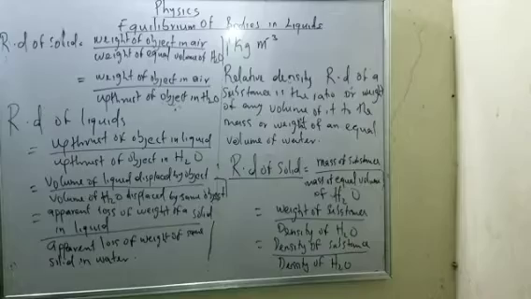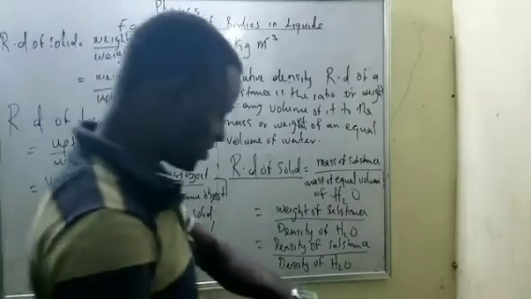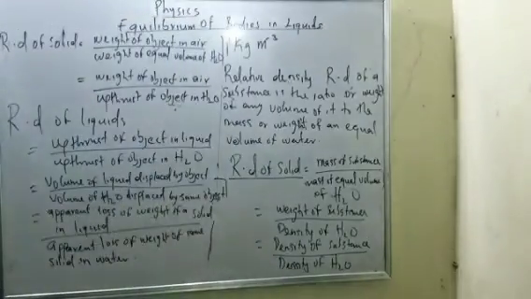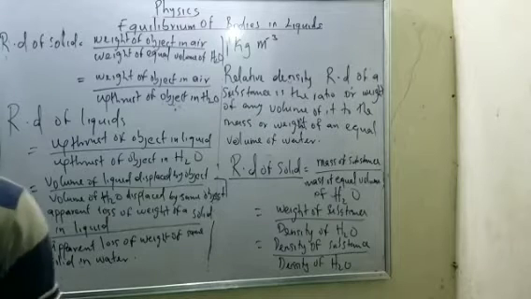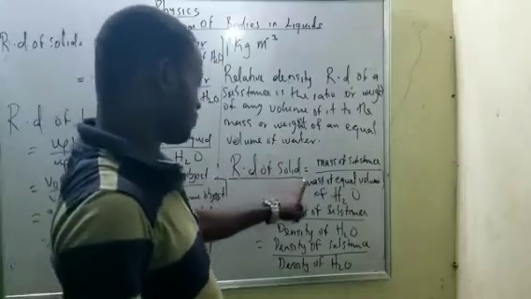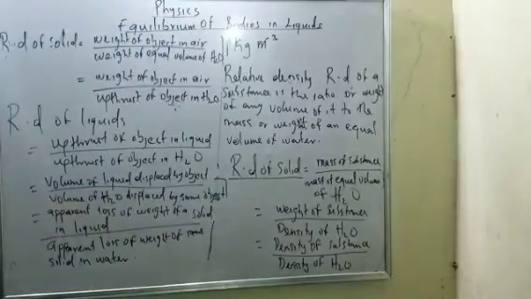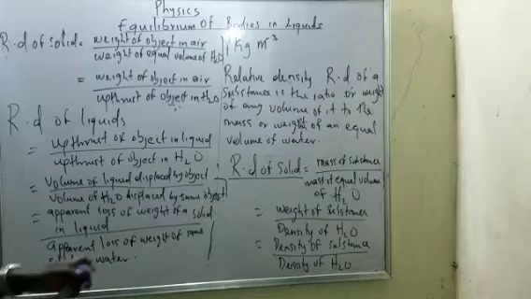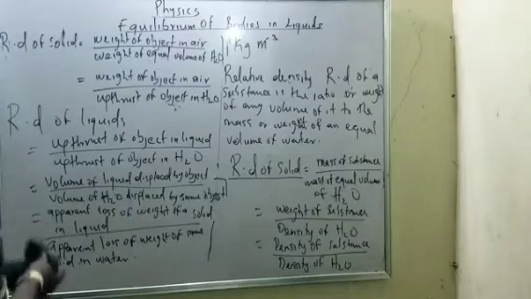Now, with this, I think we have done it very well. Maybe I should give one or two examples on this part before we call it a day. With what we have done, you can see how this is relative density of solid and relative density of liquid. We can see how this is being used.